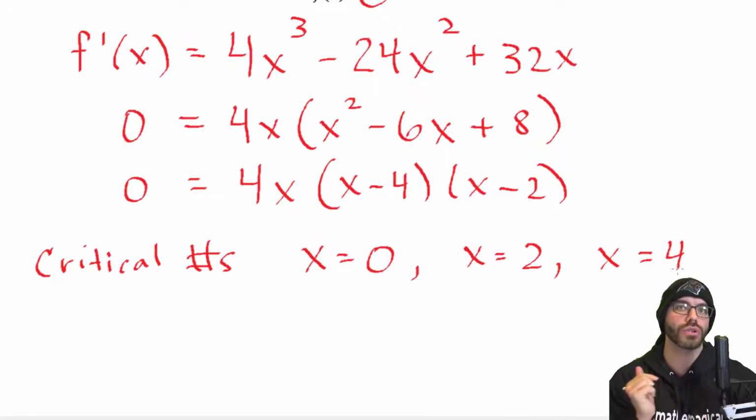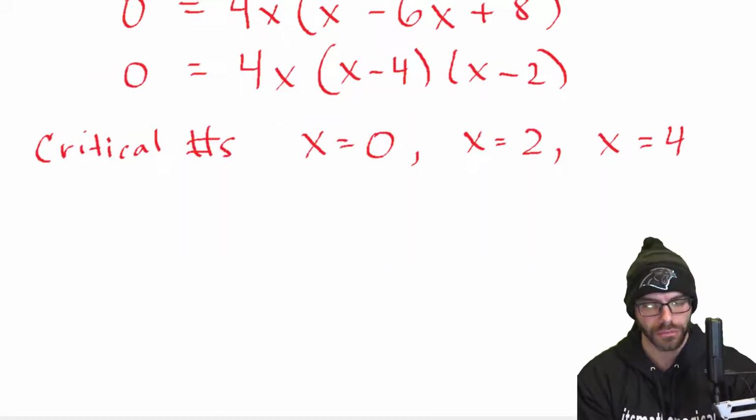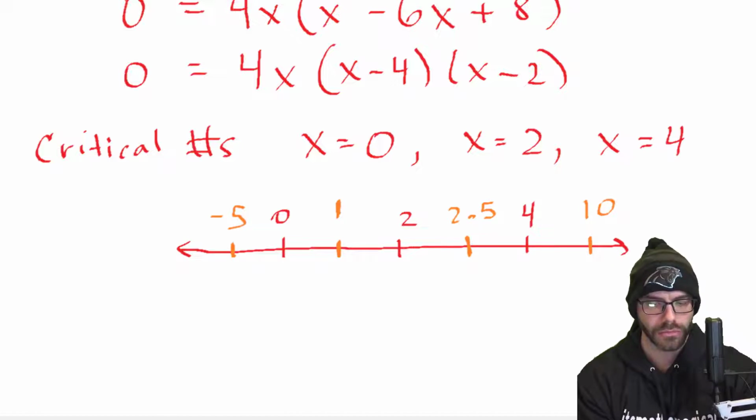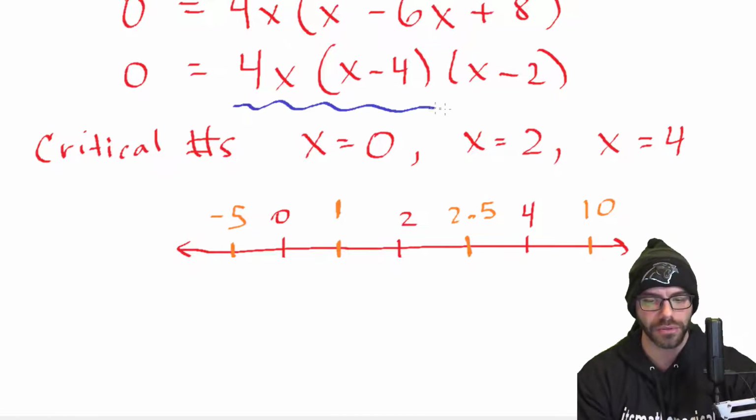And so what we want to do with those critical numbers is take a number line, break up the number line into intervals using those critical numbers, make sure they're in order. And then what I like to do is take the factored version of my derivative, and write those factors way over here.